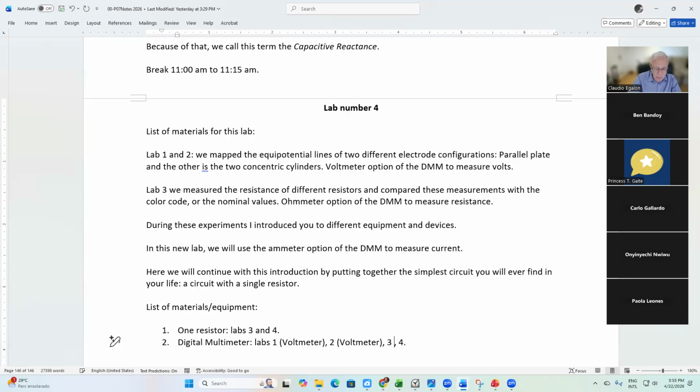Lab 3, we use the DMM as an ohmmeter. In lab 4, we are going to use the DMM both as a voltmeter and ammeter. Here you go. Digital multimeter.